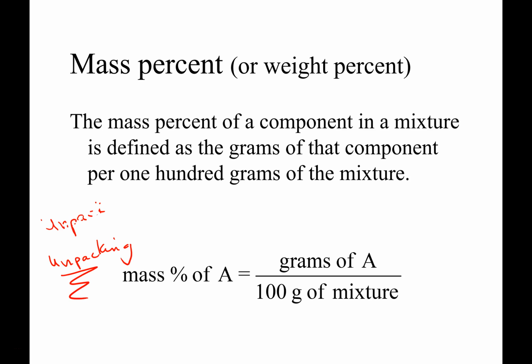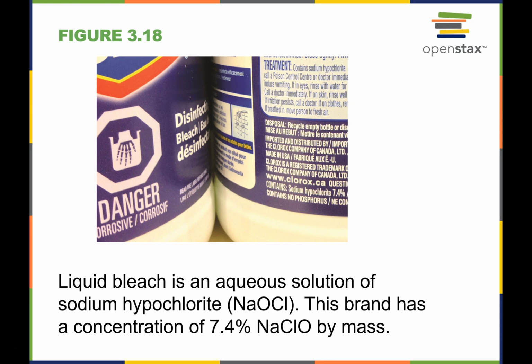So this slide is talking about unpacking. For instance, you see weight percents all over the place. Here is a bottle of Clorox, and you can find listed, right here, contains 7.4% sodium hypochlorite.